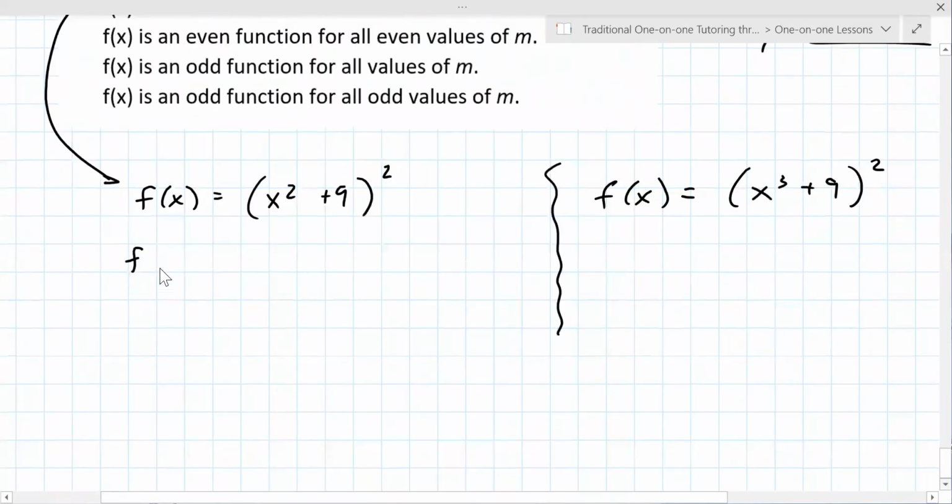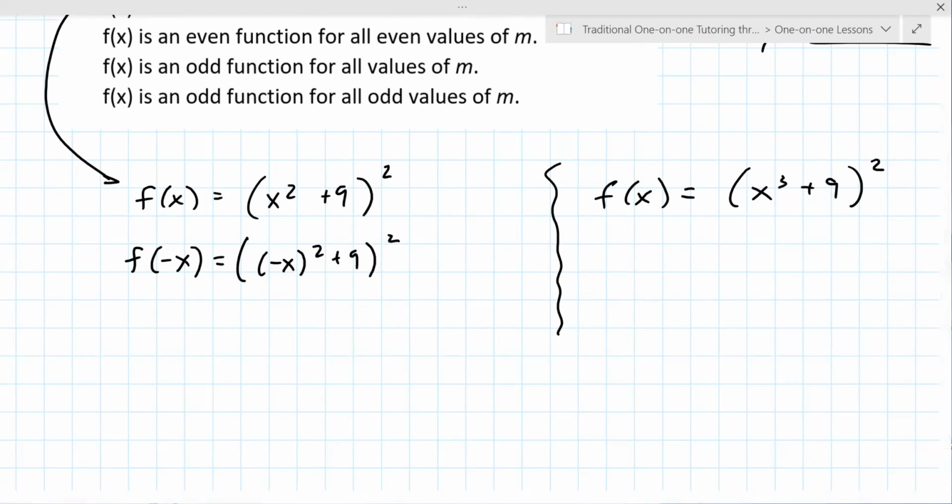So do this. Let's have you figure out what is f of minus x. I'd make the x squared a negative x squared, and I would leave the 9, so it'd be plus 9 squared.